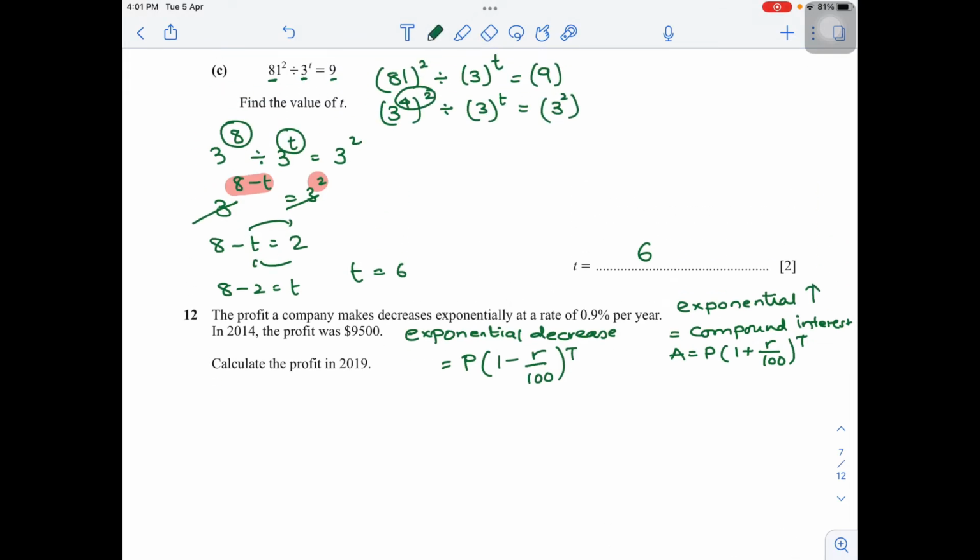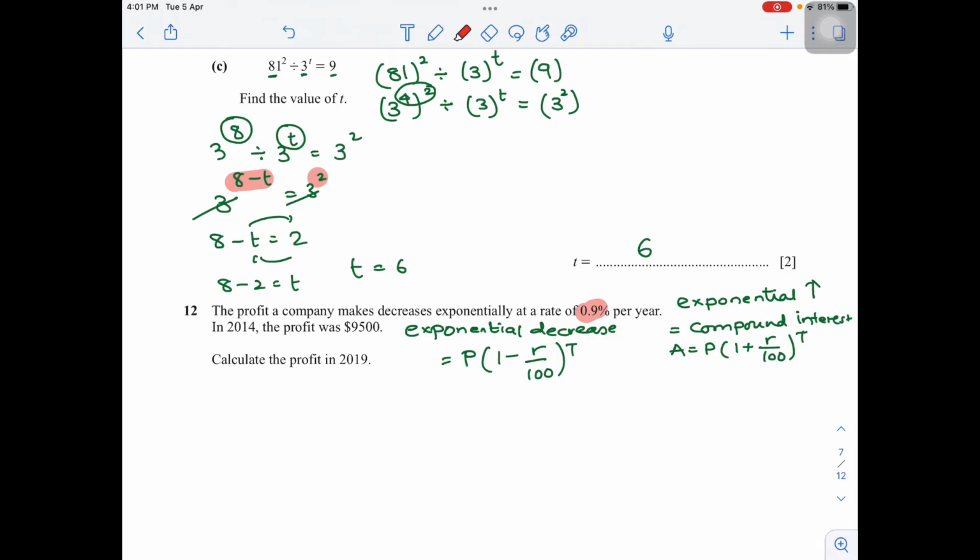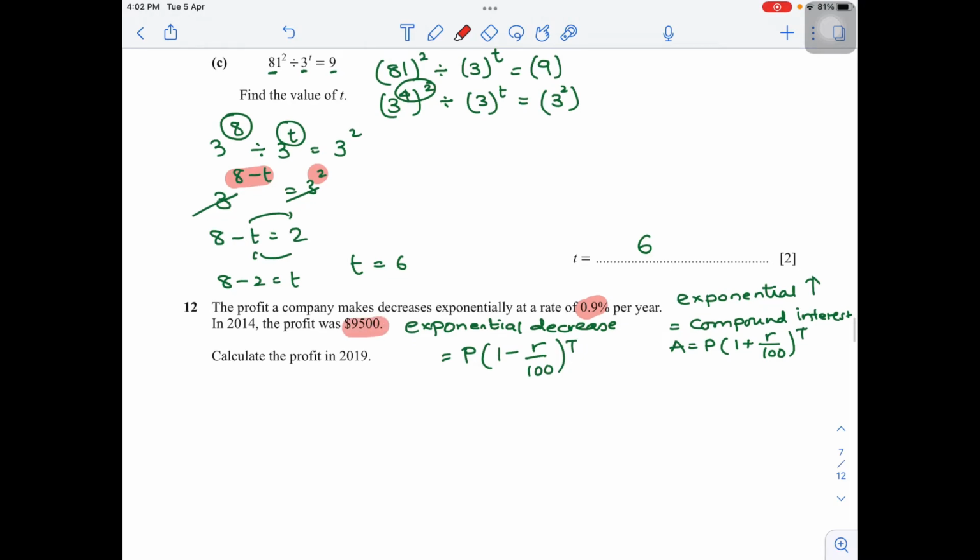The profit a company makes decreases exponentially at a rate of 0.9% per year. In 2014, the profit was 9,500. Calculate the profit in 2019. So P is 9,500 because that's the amount we start with. 1 minus R, 0.9 over 100, to the power T. How many years? After 2014. So 2015, 16, after 2014 we are counting. So 2015, 16, 17, 18, 19, 5 years.